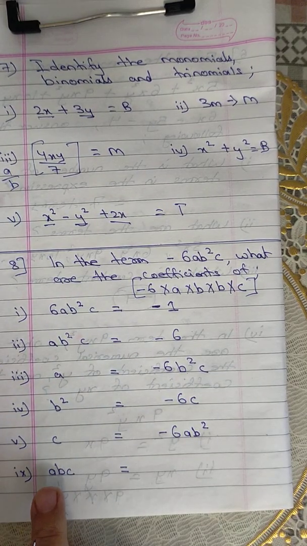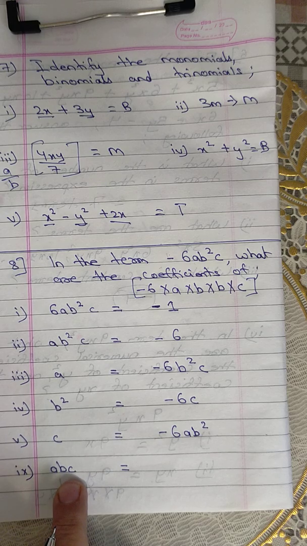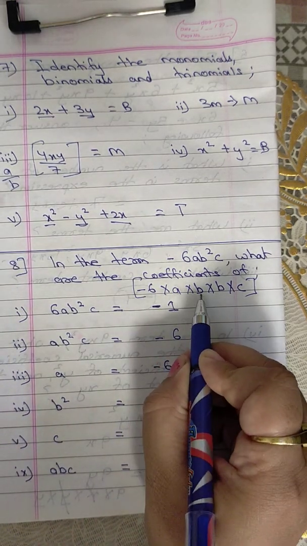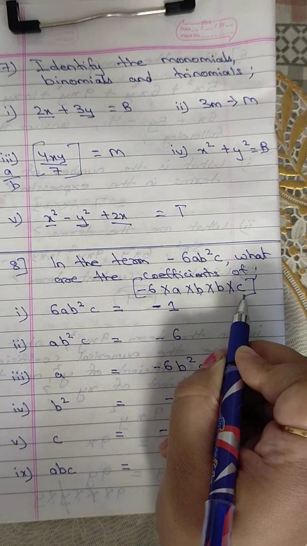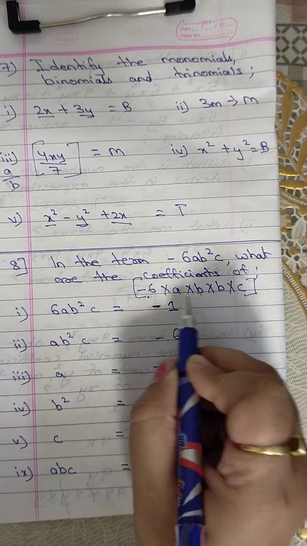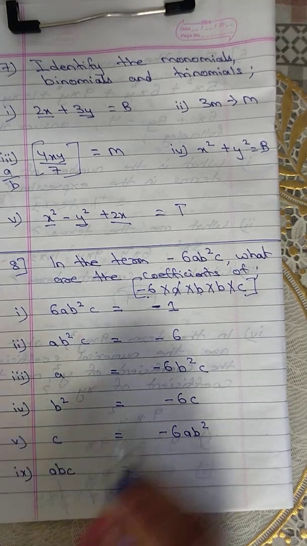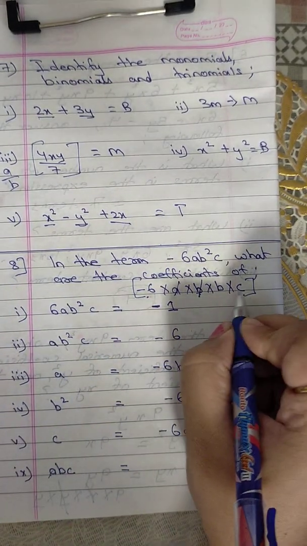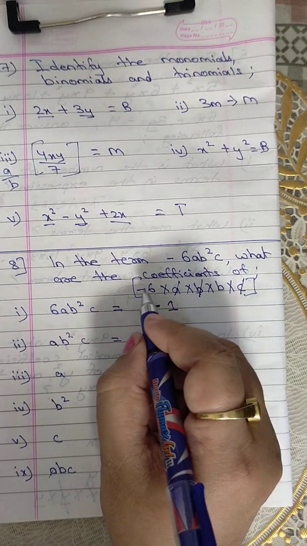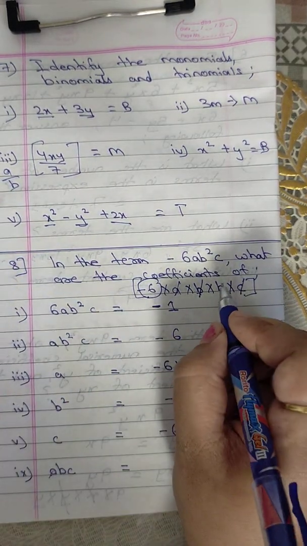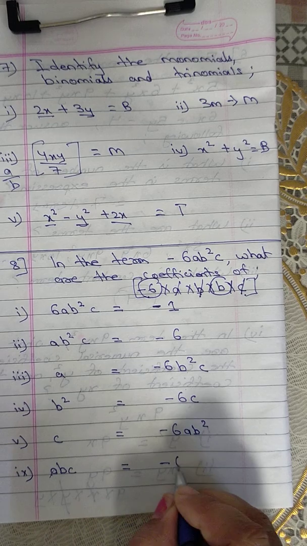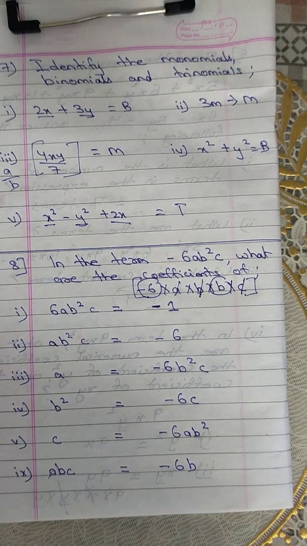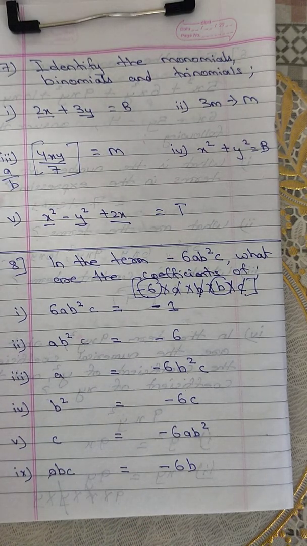If we remove a, b and c, it means 1a, 1b, 1c. What will be left? Minus 6. If we are cutting 1a, 1b and 1c, what is left? Minus 6 is left and b is left. So the answer is minus 6b. Okay, very easy it is.